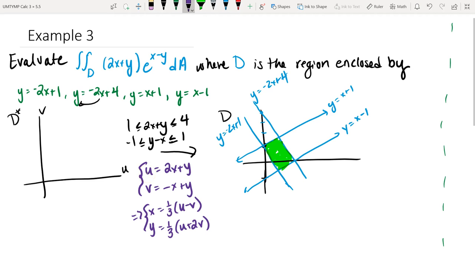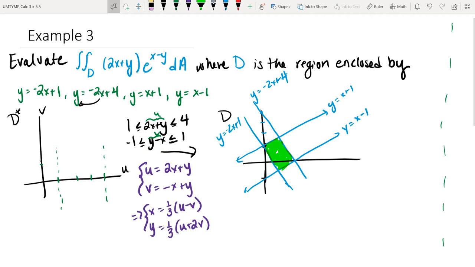What this is telling me is that when I look at u and v, my space in D star is actually a lot better defined. We're saying that this was u and this is v, right? So u is between 1 and 4, so we're thinking dash lines here, and we know that v is between 1 and minus 1.